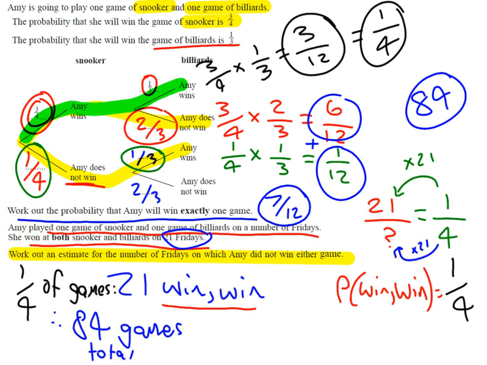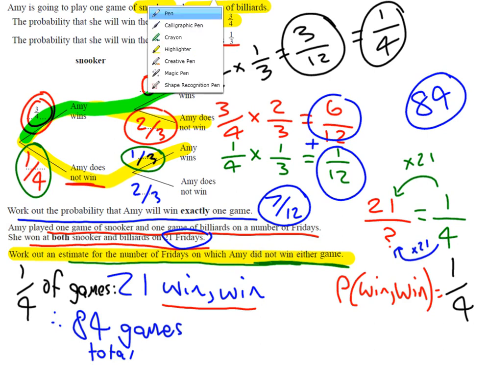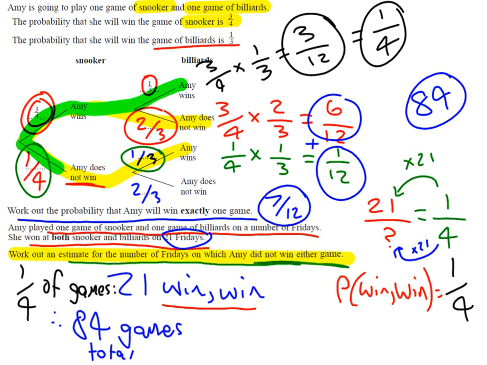That's why this question's even cooler. Work out an estimate for the number of Fridays on which she did not win either game. So we're now in another branch of our tree diagram. We're going not win, not win. Bad times there.